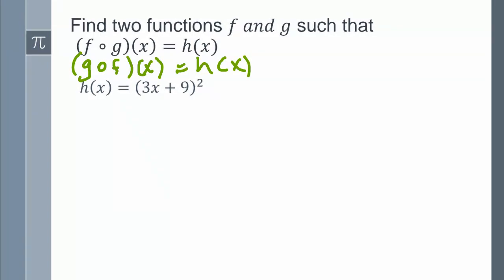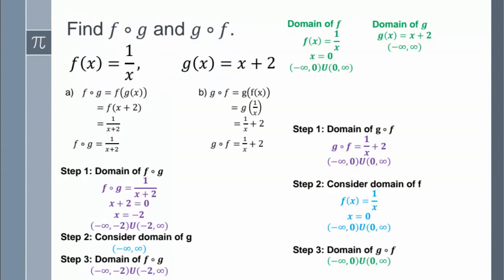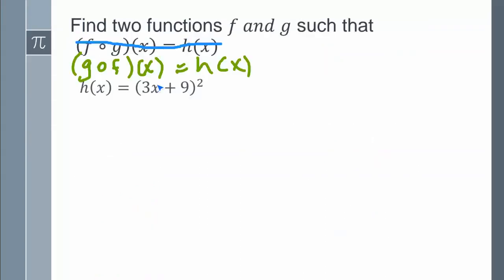Okay, so what they're trying to do in this problem is give us our composition. In other words, if I go back to this slide, they're giving you this information here, and they want you to find two equations that when you do the composition, you get this result. So they want you to find what f of x is and what g of x is so that you get this result right here.